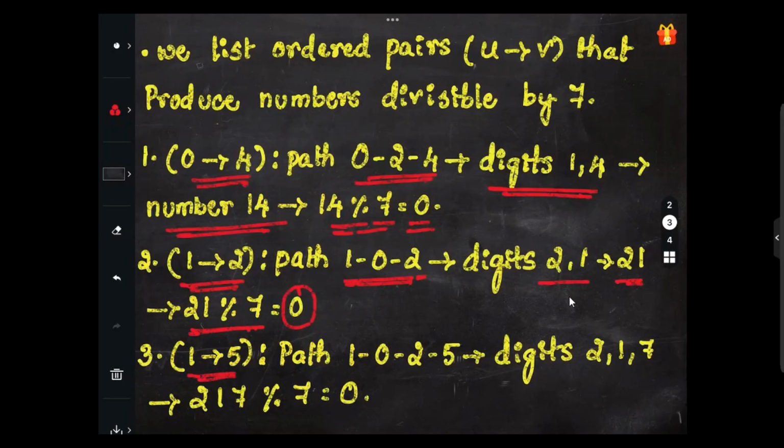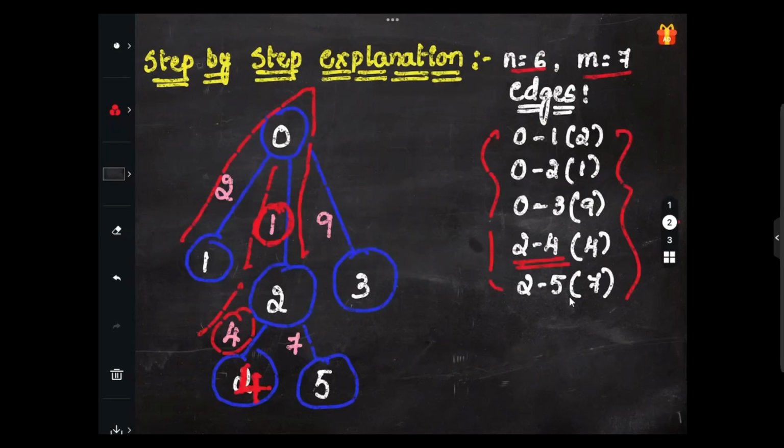Same goes with 1 to 5. You can check the path for 1 to 5. We have to go first 1 to 0, then 0 to 2, then 2 to 5 basically.